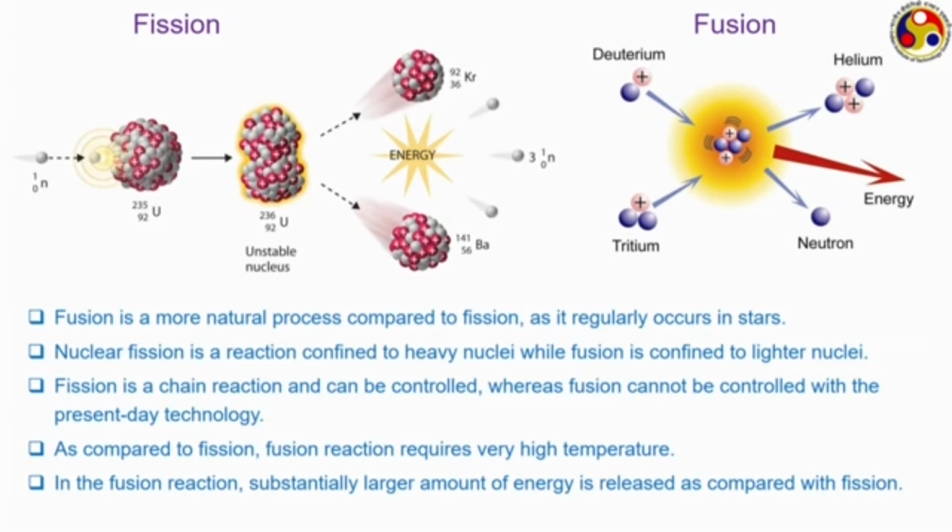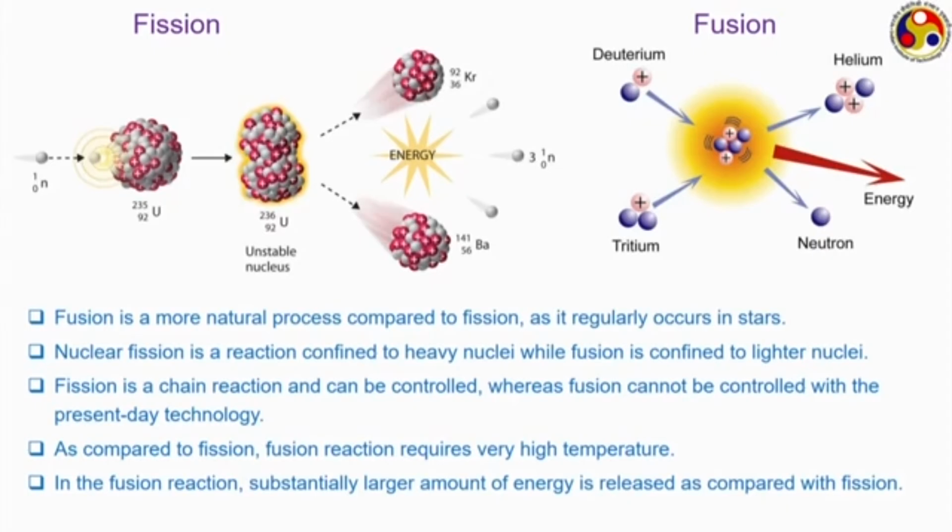Research is on, and hopefully we shall be able to capture the fusion reaction at laboratory scale in future. In the fusion reaction, a substantially larger amount of energy is also released compared to fission, because the associated elements are much lighter in mass. Just compare the mass of uranium, which has a mass number of 235, to that of deuterium or tritium, which have mass numbers of 2 or 3 respectively. Therefore, fusion gives a substantially larger amount of energy release.